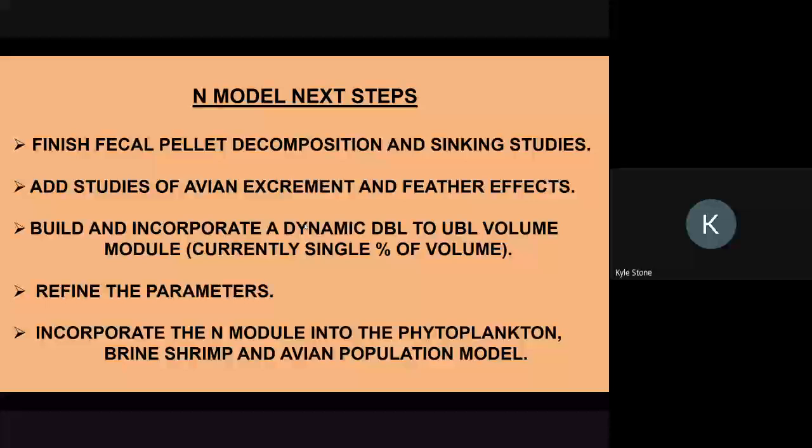And then one of the real hard parts is going to be incorporating that nitrogen model into the ecosystem model as a whole. The way it's running right now, the ecosystem model is running for the shrimp and the phytoplankton, and it's feeding those values back into the nitrogen values.